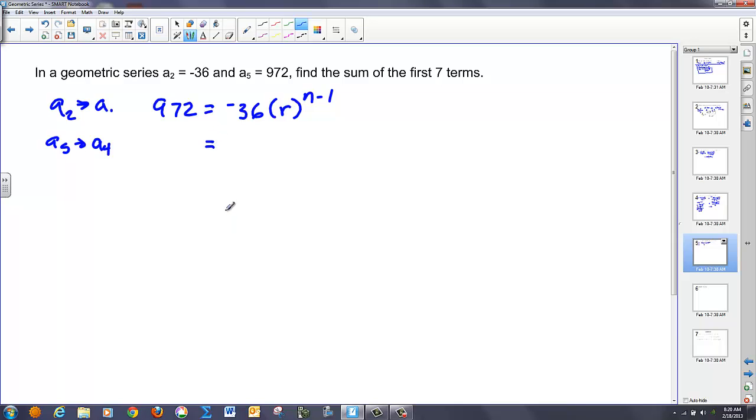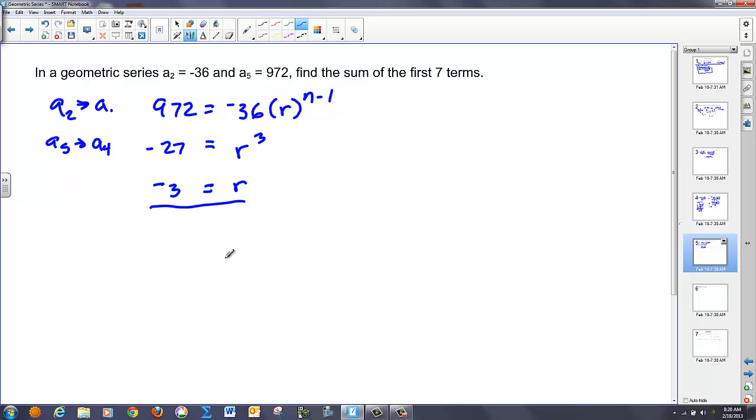So I take and divide 972 by 36. I get 27, but that's negative, and that's going to be equivalent to my ratio to the 3rd power. So r then is equal to negative 3, since the cube root of negative 27 is negative 3.